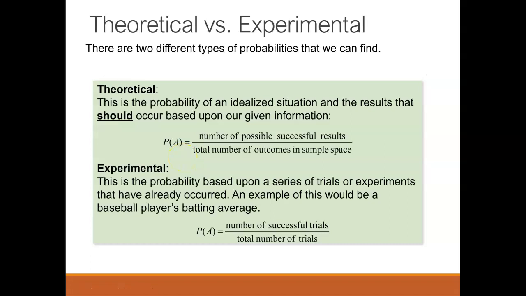Experimental, that's if we actually set up an experiment, we do trials, like we flip a coin, right? So our experimental probability of flipping heads, if we flipped it 100 times and got 57 heads, would be 57%. Right? Everybody's okay there?